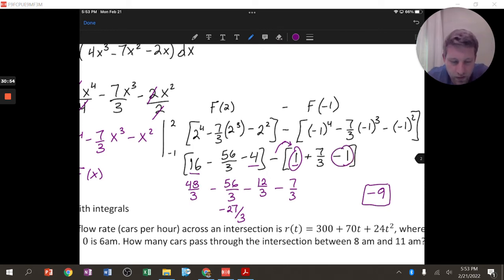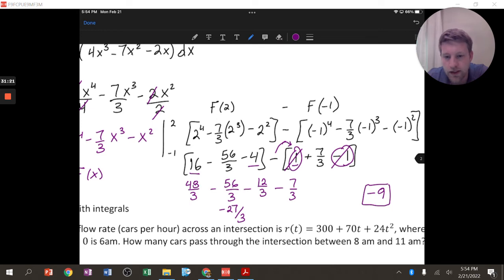These actually will cancel out in that bracket. If we distribute that negative sign to the 7 over 3, we do have a negative 7 over 3 when we're done. And so if we get all of these terms in a common denominator of 3, 16 over 1 would be 48 over 3.